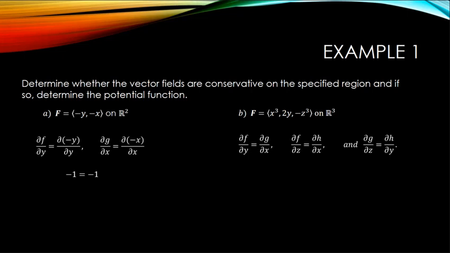The partial of f with respect to y is equal to 0, and so is the partial of g with respect to x. My partial of f with respect to z is equal to 0, which is also what my partial of h with respect to x is, and my partial of g with respect to z is equal to 0, which is equal to the partial of h with respect to y. In this case, my vector field is also conservative.